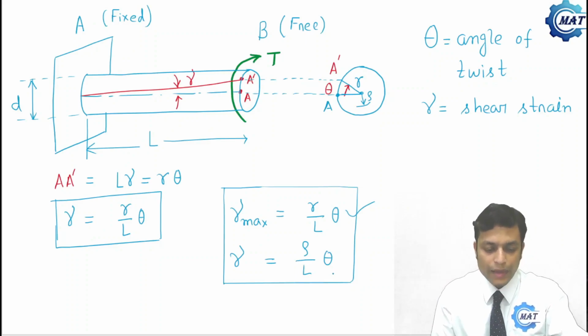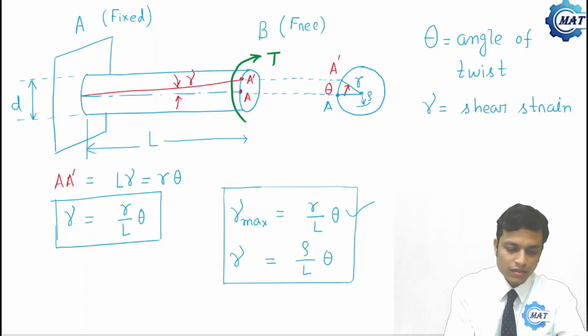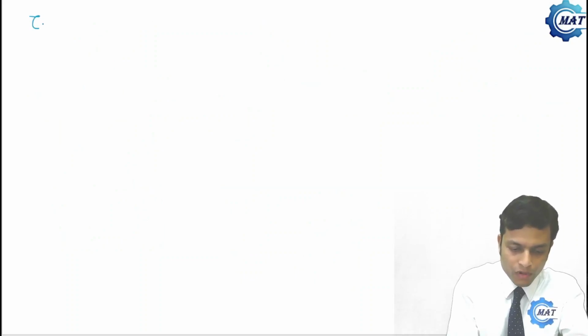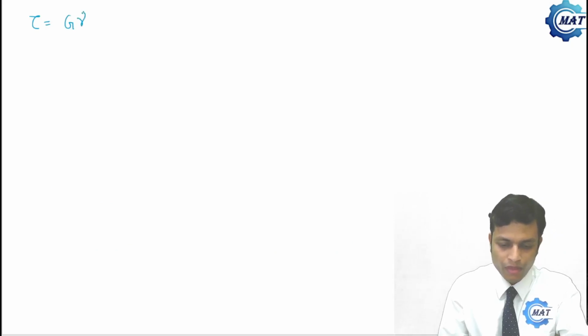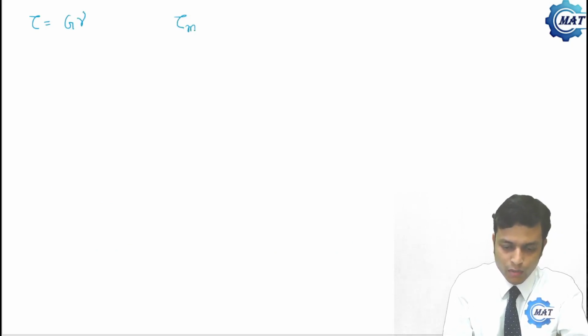Now if we apply Hooke's law for shear, that is tau is G into gamma, that is tau max is G into gamma max, which is at surface.